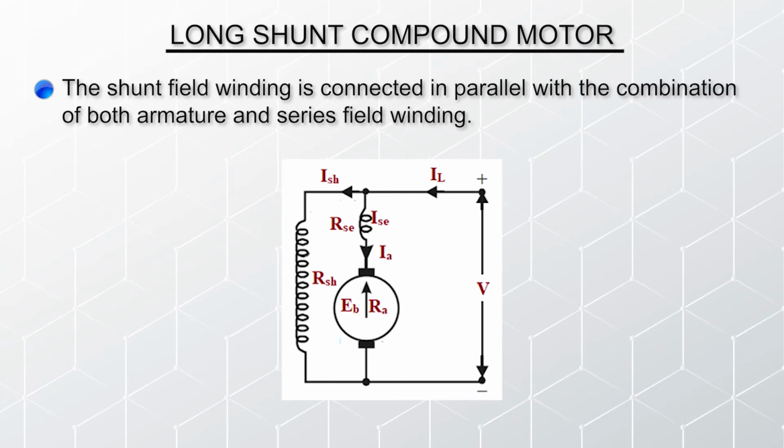So if the applied voltage, or you can say supply voltage, is V, due to which a load current IL is flowing, then this load current is divided into two currents, that is the shunt field current ISH and the armature current IA. Because the armature and series field winding are connected in series, the armature current is equal to the series field current ISE.